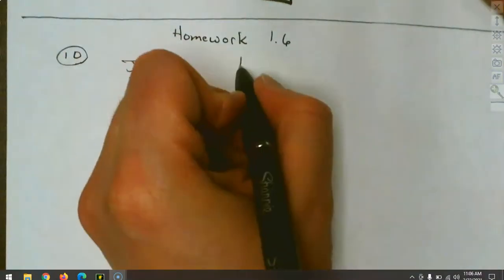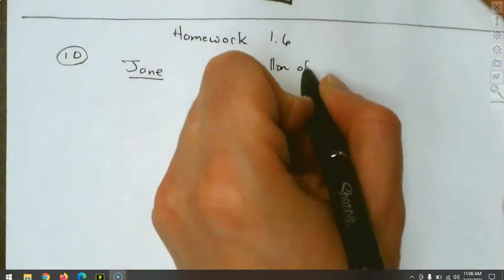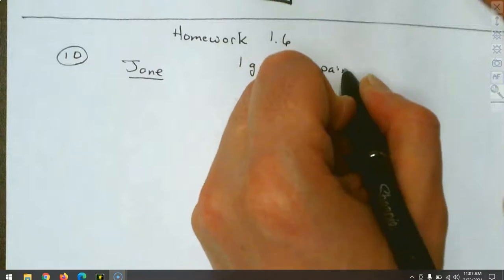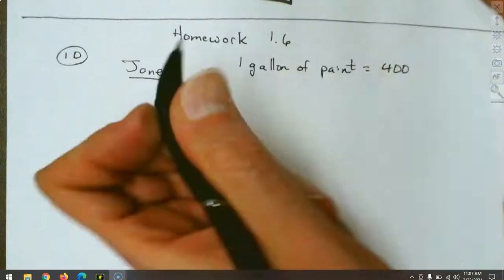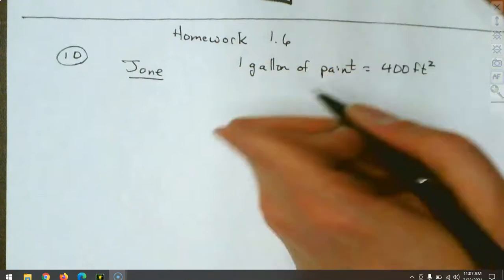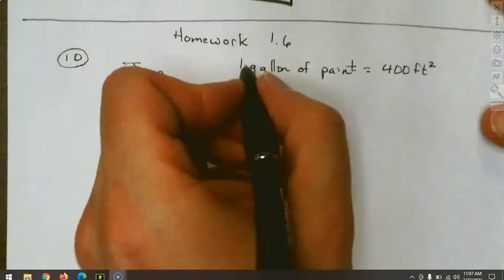Well, first we have 1 gallon of paint. And that 1 gallon of paint covers 400 square feet. Right? Okay, so we know we have 1 gallon of paint, 400 square feet. Now, what about the border?